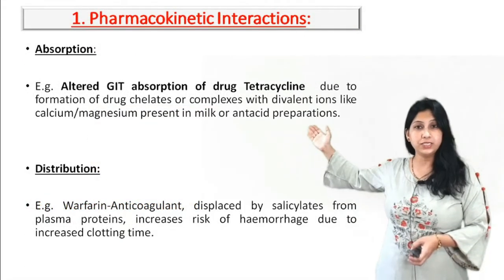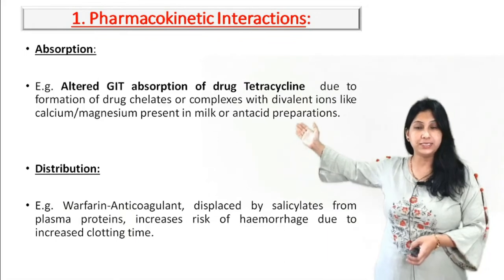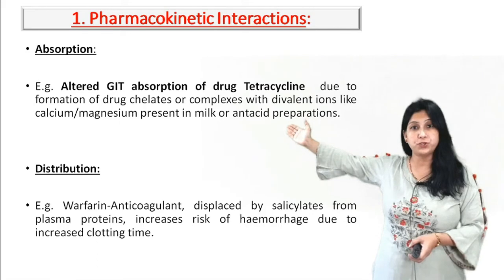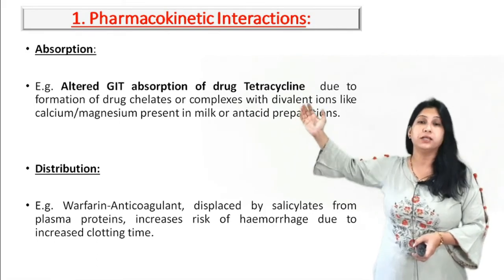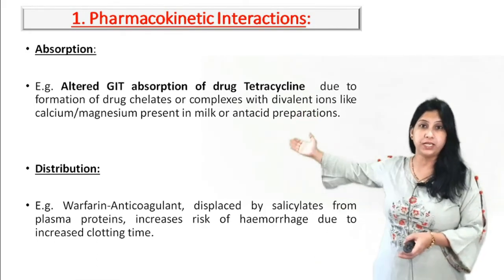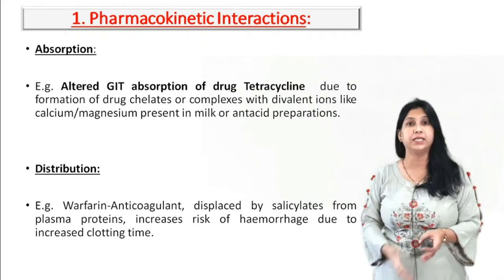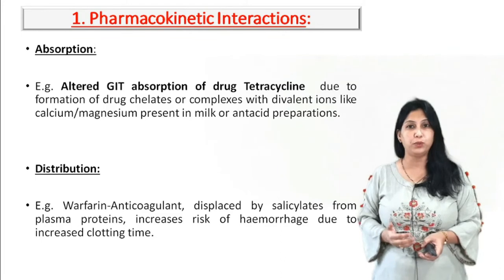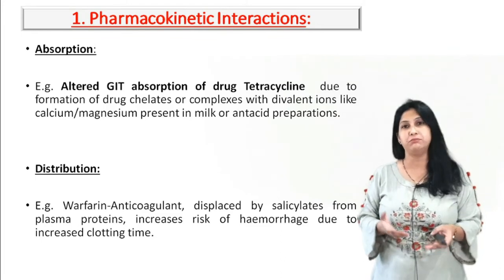In the case of pharmacokinetic interaction, let's see the example of absorption. How the absorption of drugs gets changed, there are many reasons. If we take the example of tetracycline, this drug forms a chelate or complex with divalent cations like calcium and magnesium.